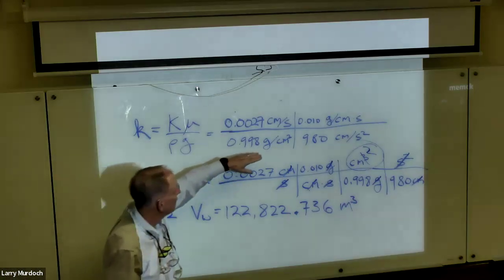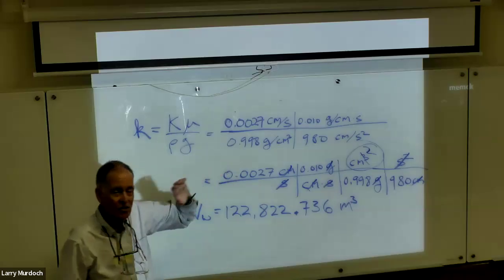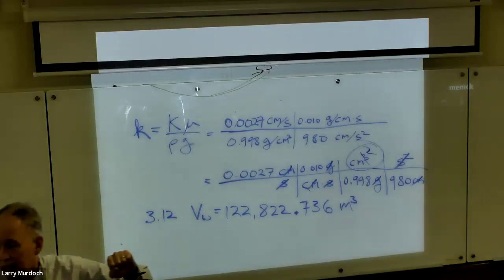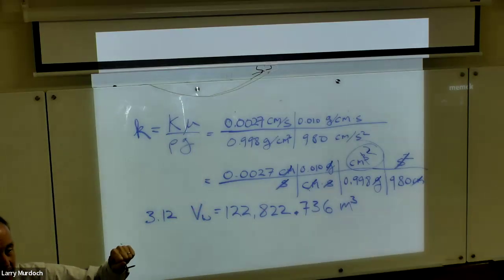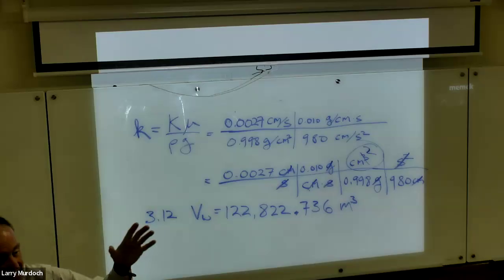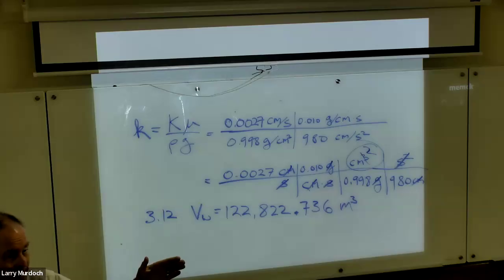The units here end up being a super good check on whether you've made a mistake. If the units work out, it doesn't say that the problem's right, but it sure says that it's not wrong.